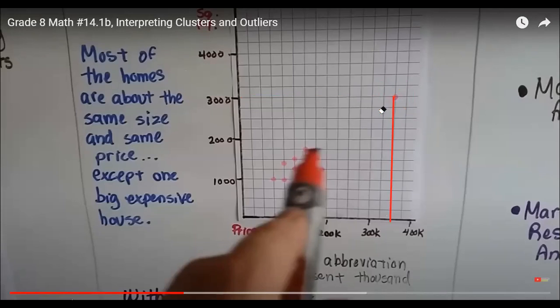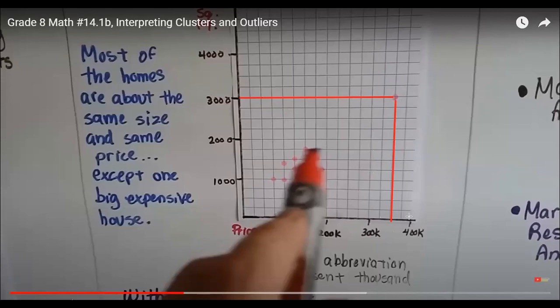For this reason, we said that this one represents what? This point which I drew around represents the outliers, right? Okay, so as I said, what is the price here?